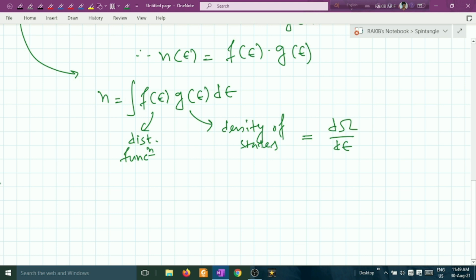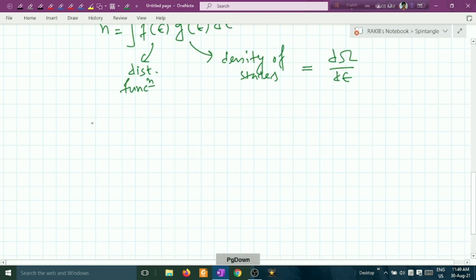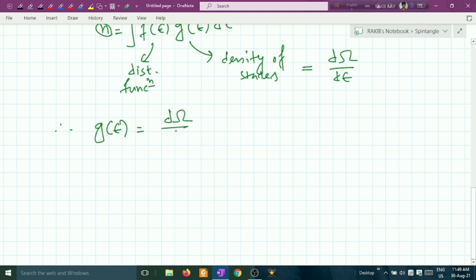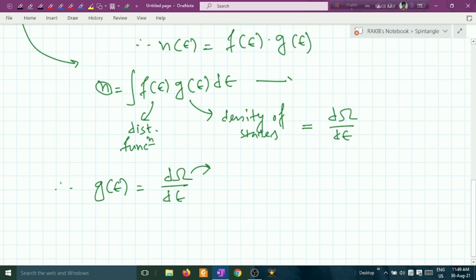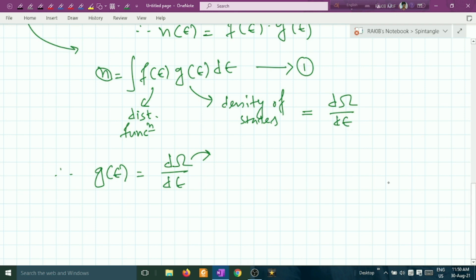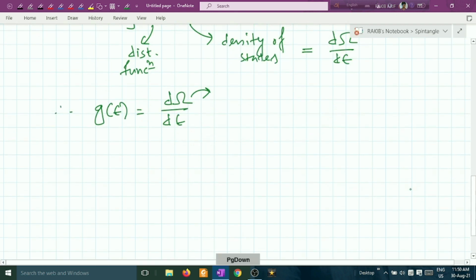Therefore, to find the total number of particles, first we need to construct G(E), which equals d omega upon dE. To find this G(E), I will move on to this equation. Give this equation as number 1. We'll be back to this equation later.